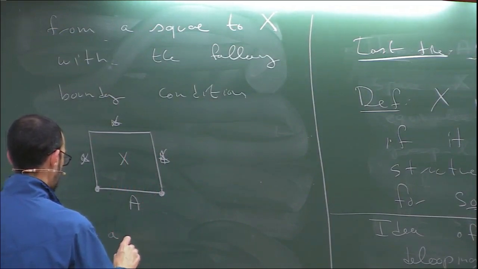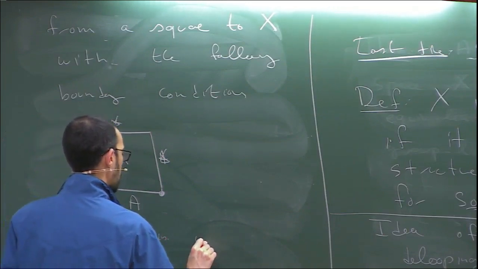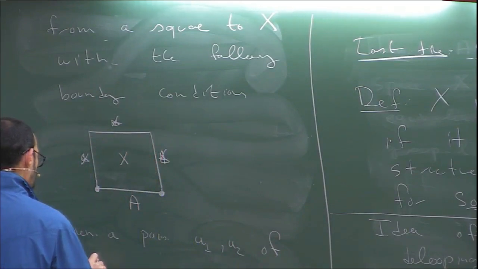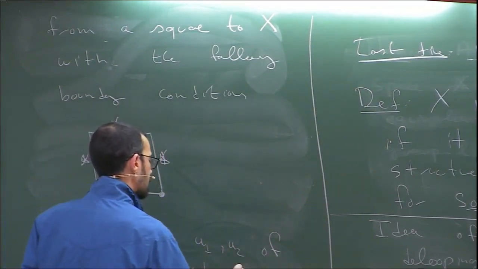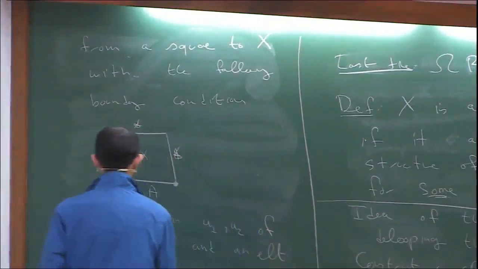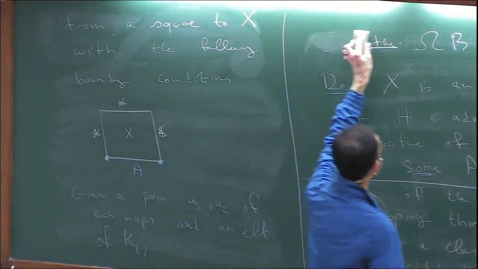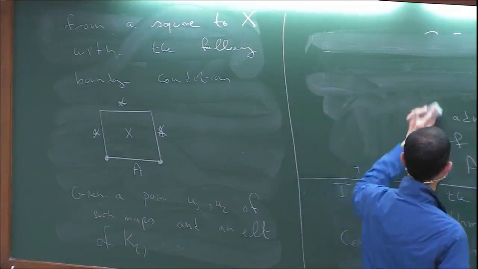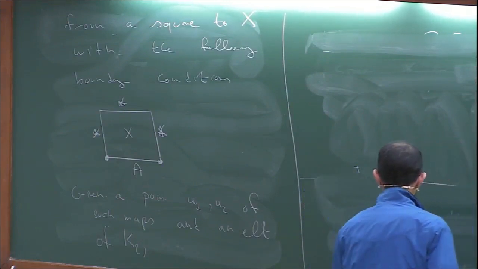Given a pair u1, u2 of such maps, and an element of K2. Well, what's an element of K2? An element of K2 is just the subdivision of the interval into two intervals. So let me just draw that.